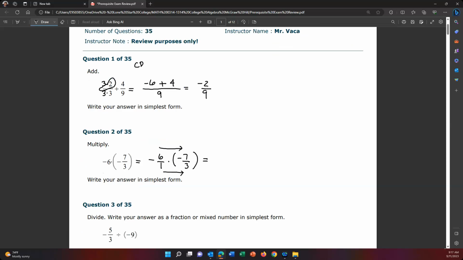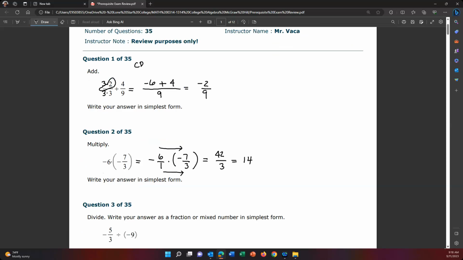Negative times a negative will be a positive number. And so therefore we have 6 times 7, which is equal to 42. 1 times 3 is equal to 3. And we can simplify this. We can do a little bit better here. 42 divided by 3 will be equal to 14.